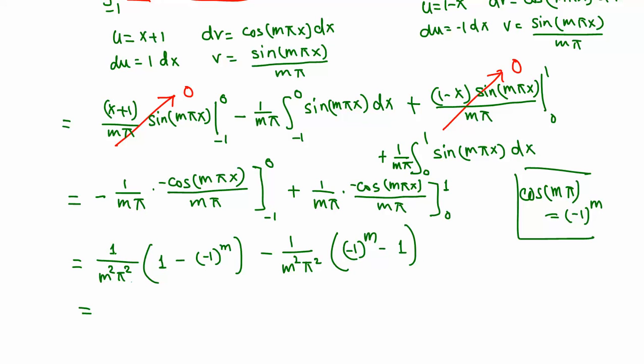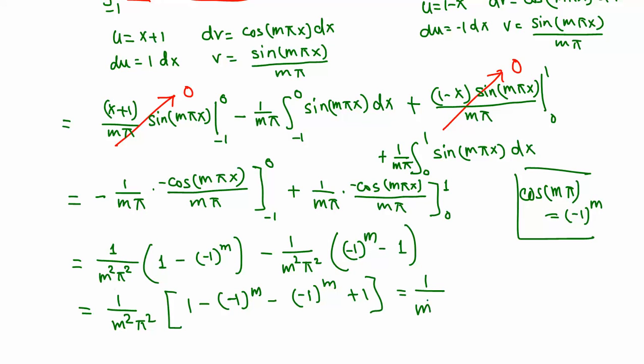So 1 over m square pi square, 1 over m square pi square, that leaves 1 minus negative 1 to the m, minus negative 1 to the m, plus 1. So 1 plus 1 is 2, and these are the same, so 2 copies. So 1 over m square pi square times 2 minus 2 copies of negative 1 to the m.